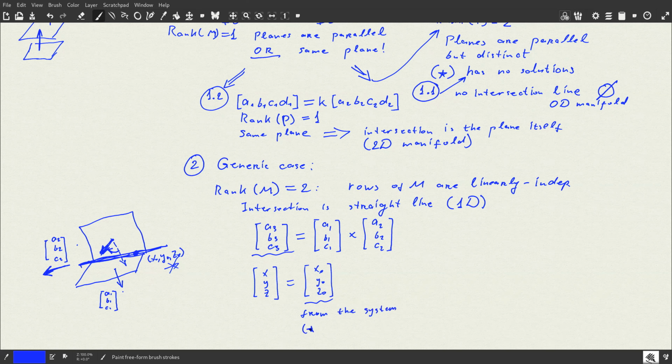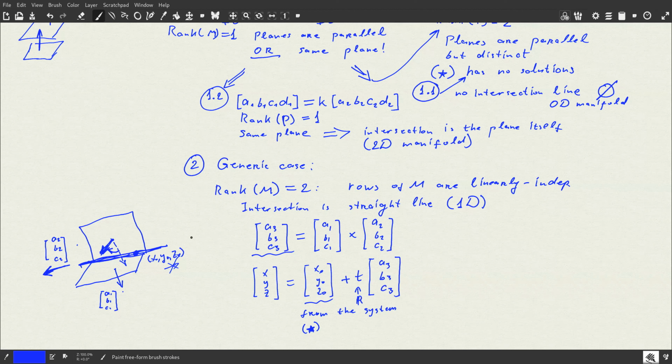Actually, it is system star, any solution to system star, plus t, where t is a real parameter, times a3, b3, c3.